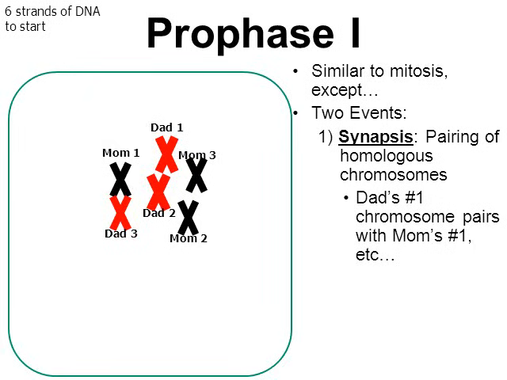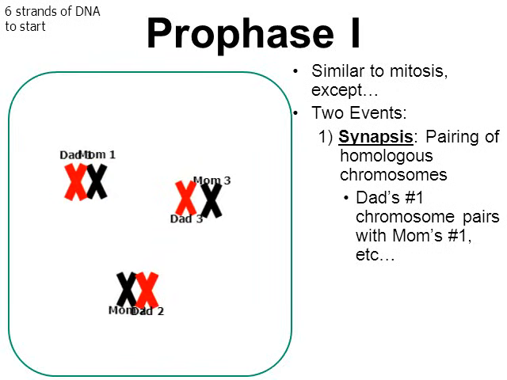The two chromosome number 1s will pair up side by side. The two chromosome 2s will pair up side by side. The two chromosome 3s will pair up side by side. In this animation, I made all of the chromosomes you inherited from your father red, and I made all the chromosomes you inherited from your mother black.